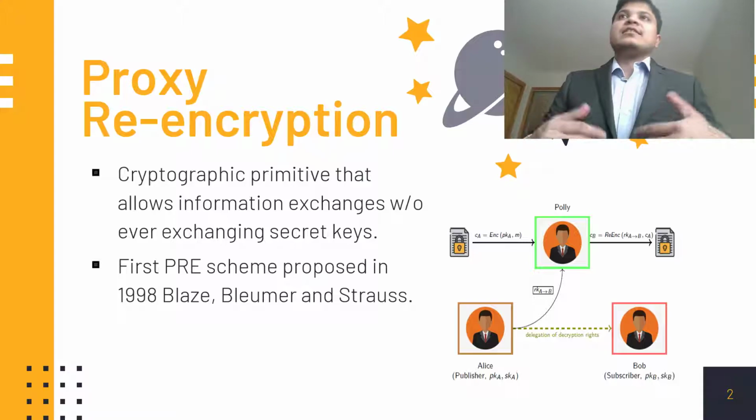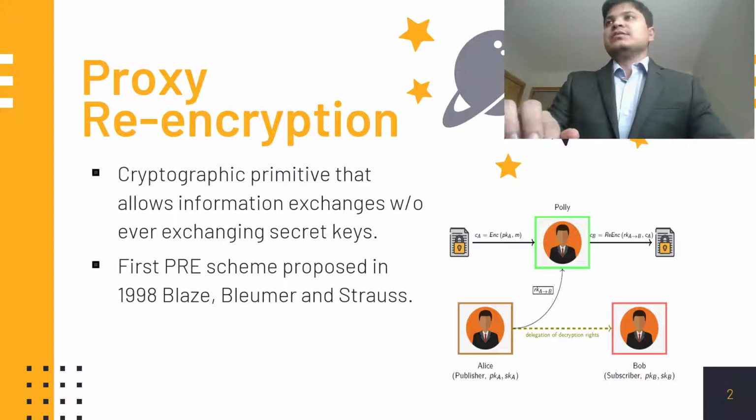To consider it further, we can use this diagram on the right. You can see there are two users, Alice and Bob, who want to exchange some confidential information. And there is a third party called Polly, which is there as a proxy. This third party Polly is the one that basically facilitates the conversion of messages from Alice to Bob.